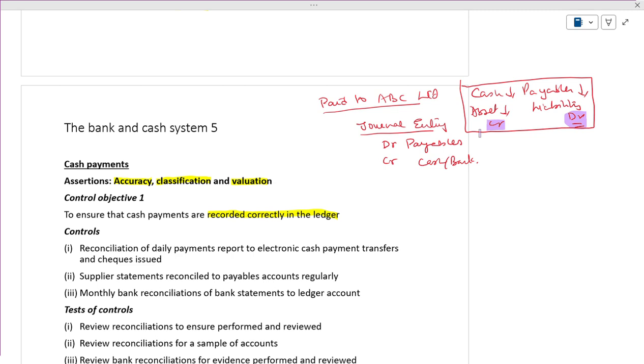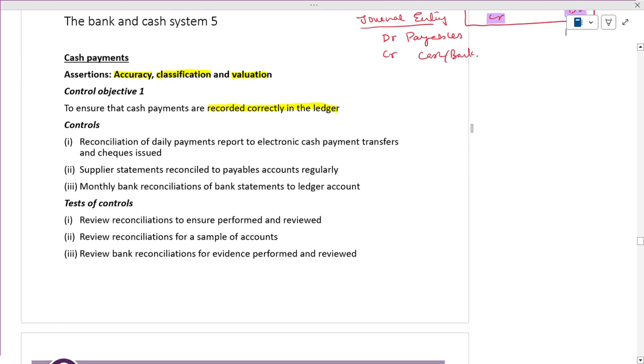Okay. Now coming back to this, we are talking about accuracy, and classification is very important. Classification means where you are posting. Valuation is what is the amount.